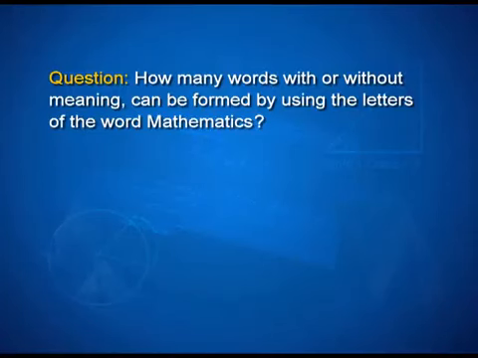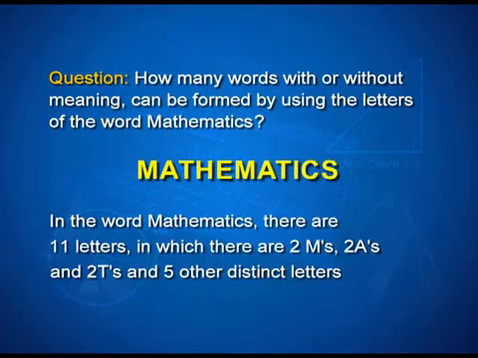Here is our first problem. The problem says: how many words with or without meaning can be formed using the letters of the word mathematics? So, we are looking at a word which has 11 letters, in which there are 2 M's, 2 A's and 2 T's and 5 other distinct letters.